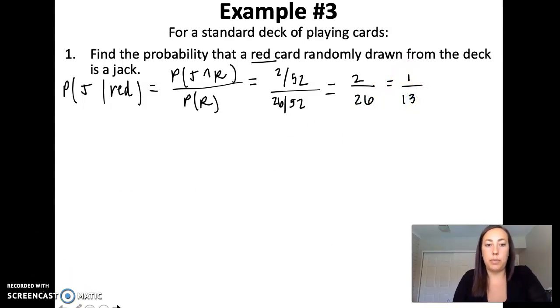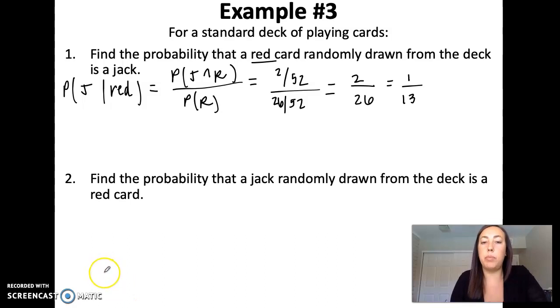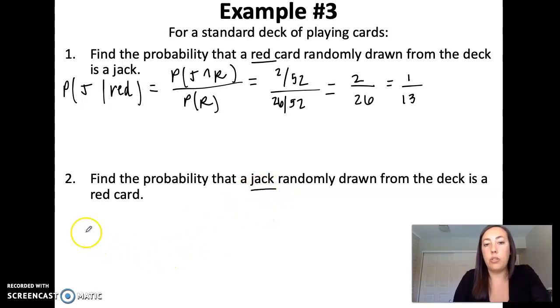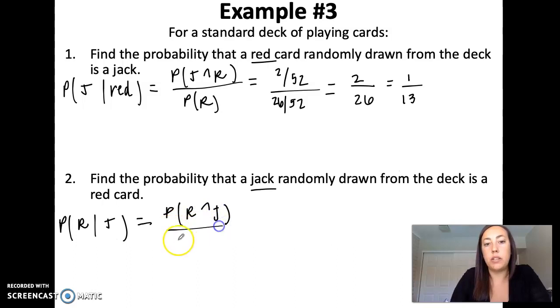Now we're going to do the opposite. We're going to find the probability that a jack randomly drawn from the deck is a red card. This one's a little intuitive, and you can figure it out using logic. This time we know the card's a jack, so we're finding the probability that the card is red given it's a jack. Same thing on top, probability of red and jack, but this time we divide by the probability of a jack since that's the given event.